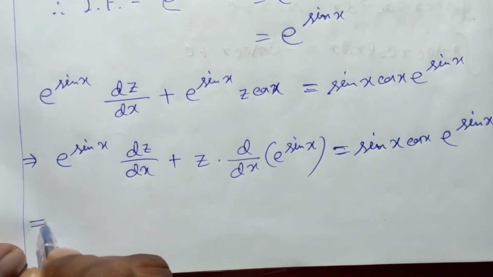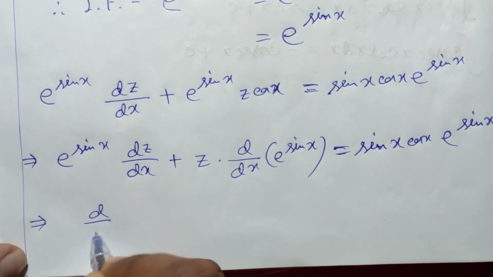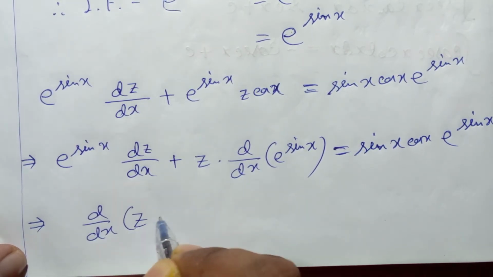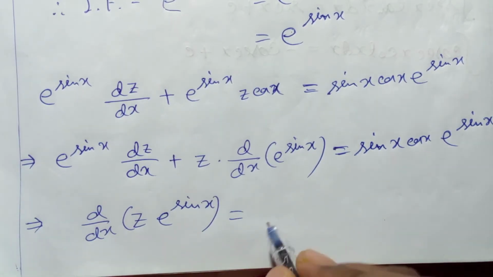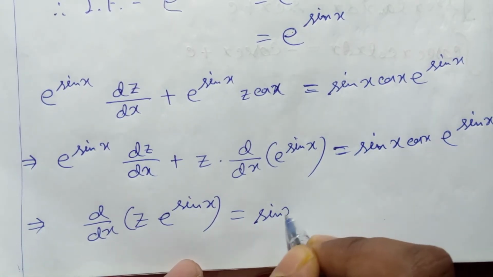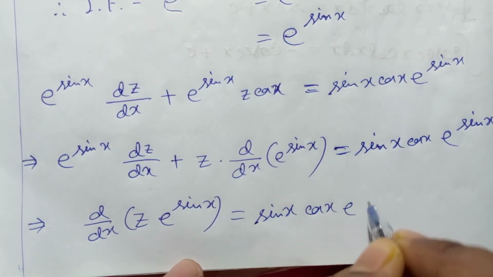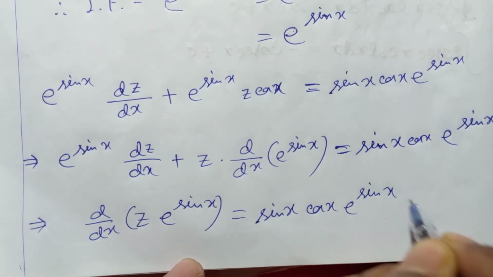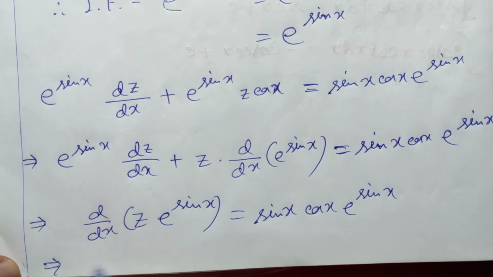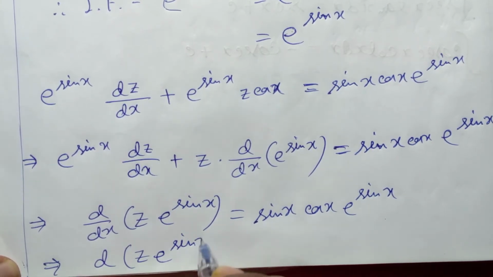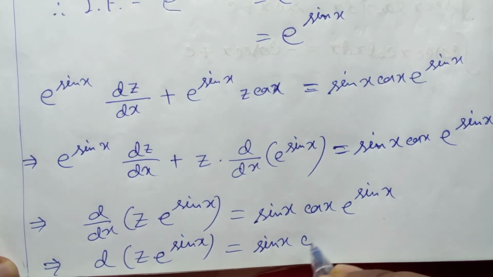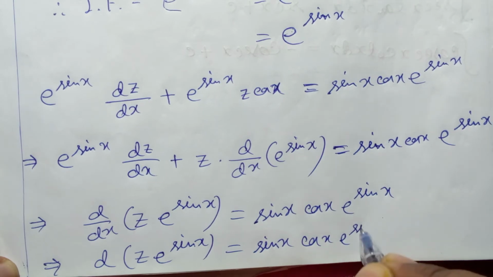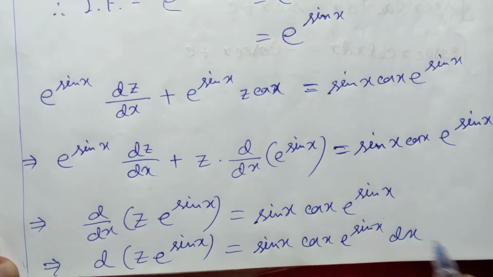Therefore we are getting d by dx of z e to the power sin x is equal to sin x cos x e to the power sin x, which is giving d of z e to the power sin x is equal to sin x cos x e to the power sin x dx.